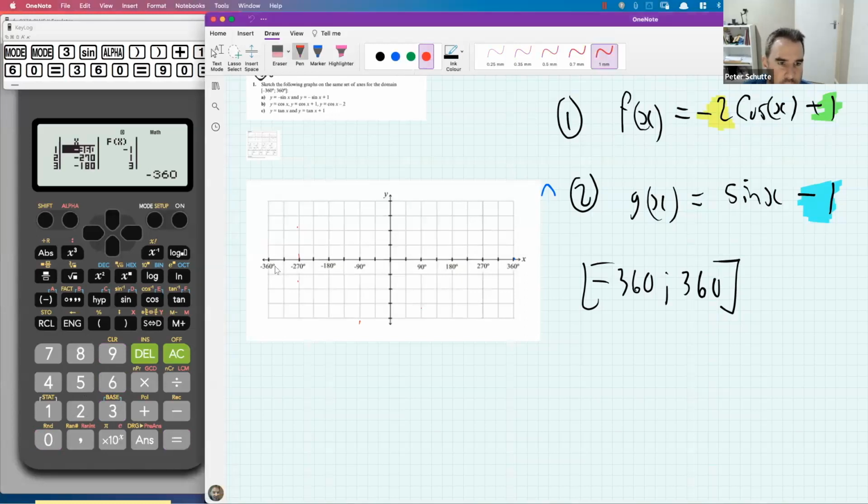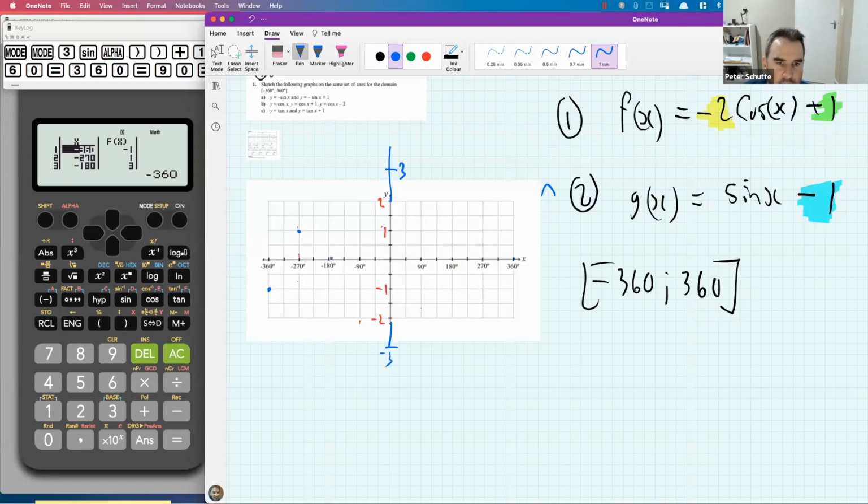And so I get minus 360, which gives minus 1. Then minus 270 gives 1.